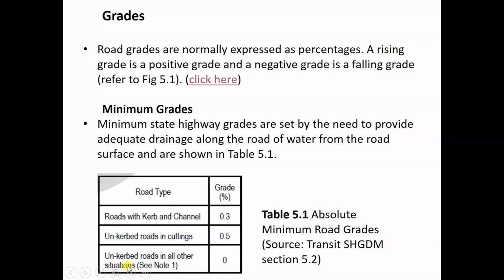But for the uncurbed roads, sometimes it's not in a cutting. If it's an embankment, sometimes they don't have a roadside drain. The water just falls freely down the embankment slope. So for this one, the minimum grade is 0%.